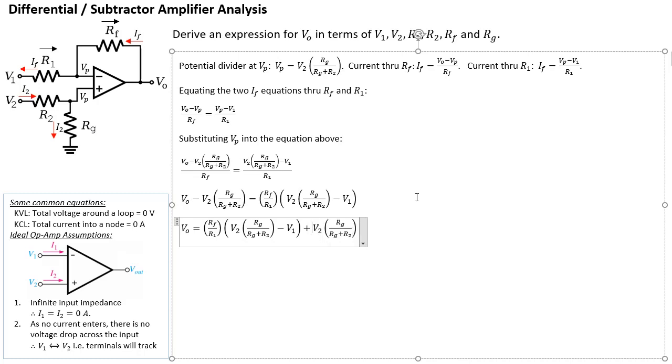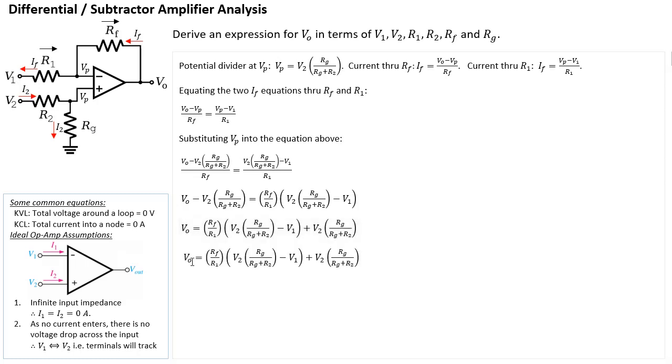Okay, so let me multiply them out. The idea is I want to collect V2 together. I want to join V2 together. So I'm just going to copy this and put it here.